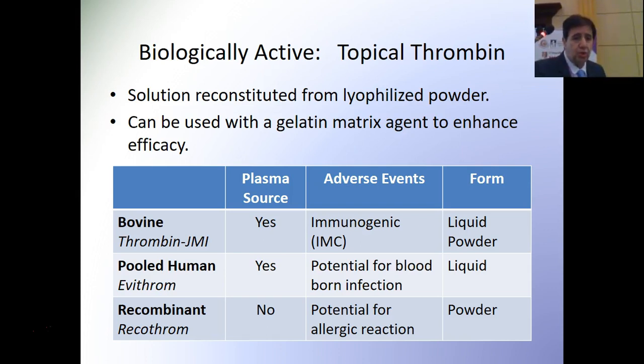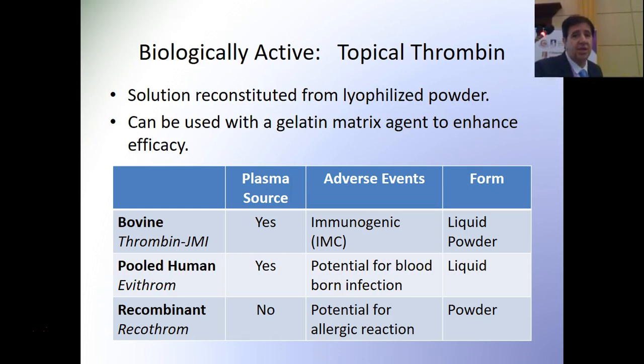Now we have the bovine thrombin, the pooled human thrombin, and more recently the recombinant thrombin. More and more now we are using the recombinant, and the bovine is being used less and less. The bovine and the pooled human thrombin are derived from plasma, and of course the recombinant is not.